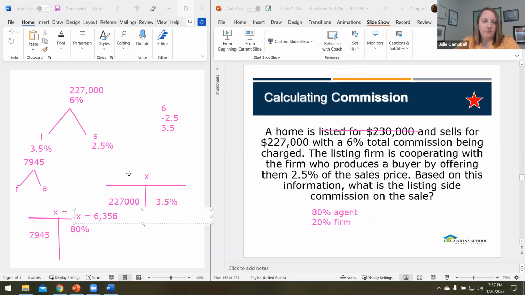So we'll put that there so we can see the agent. So we first found the side's commission. We split it once between the two sides, and then we split it again between the agent and the firm. The firm gets the check. They share their commission with the agent. At the end of this transaction, in this example, the agent will get a check for $6,356.